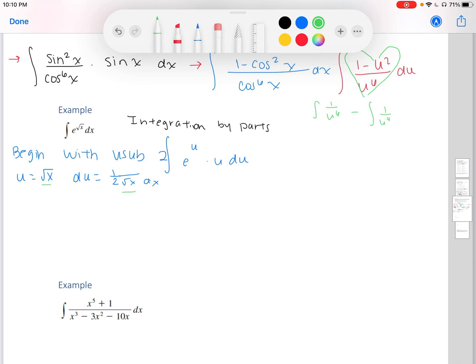All right, let's work with this. So we have 2 times the integral of e to the u du. Now we have to integrate by parts.